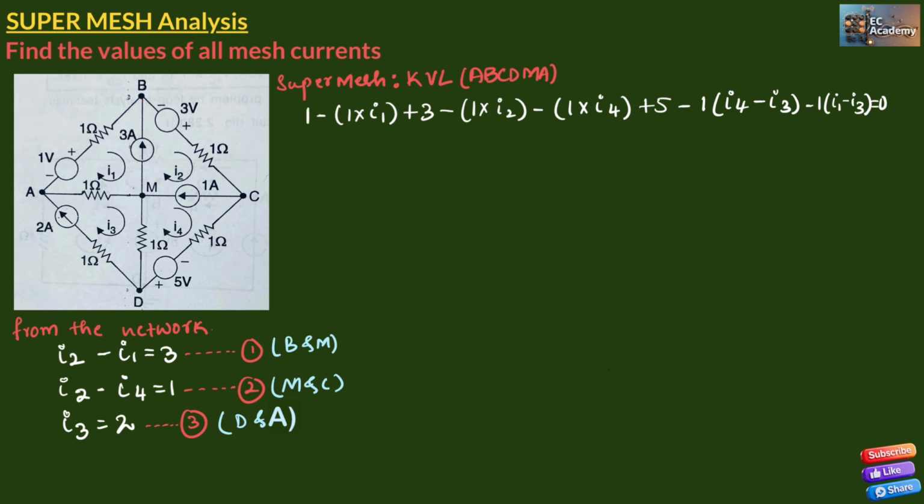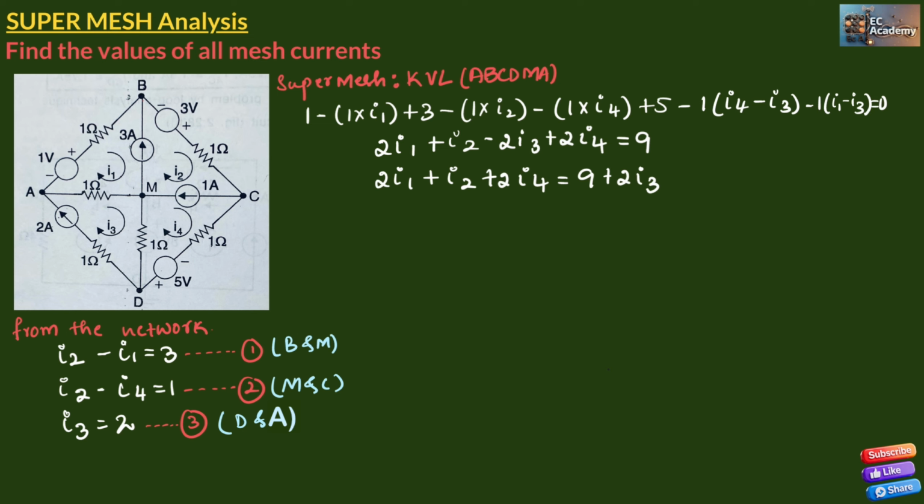Now let us send all the current values towards right hand side and we can write 2I1 plus I2 minus 2I3 plus 2I4 will be equal to 9. Therefore, let us write this as 2I1 plus I2 plus 2I4 will be equal to 9 plus 2I3. Let us call this as equation number 4.